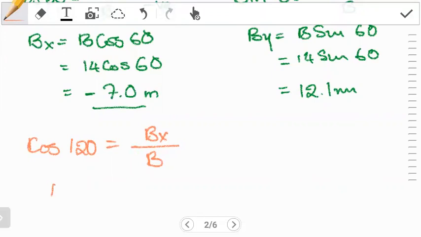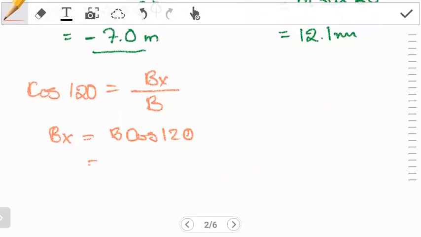So what we have is Bx is equal to B cos 120. And if we simplify this, B is 14, so 14 cos 120. Now, if you try this on a calculator, notice that cos 120 itself already gives you a negative, and this becomes negative 7.0. So that's the beauty of this method.